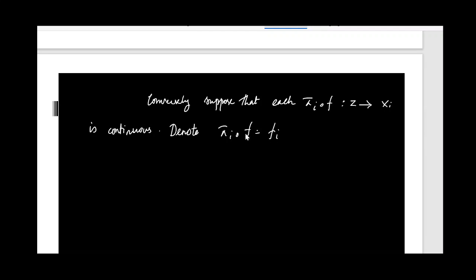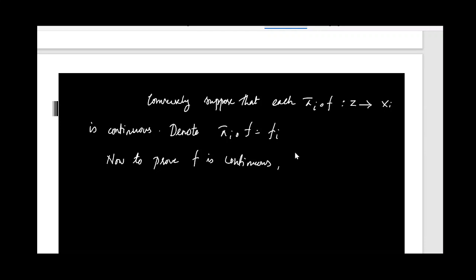Now to prove f is continuous, it is sufficient to prove that the inverse image of any member of a base for X's topology tau is an open subset of Z.